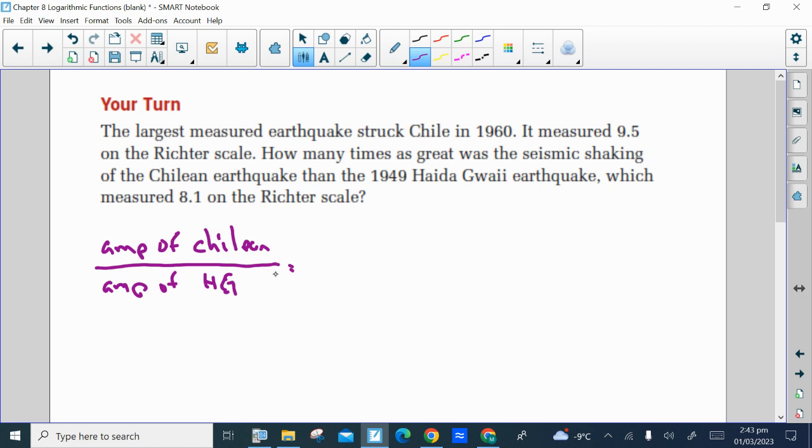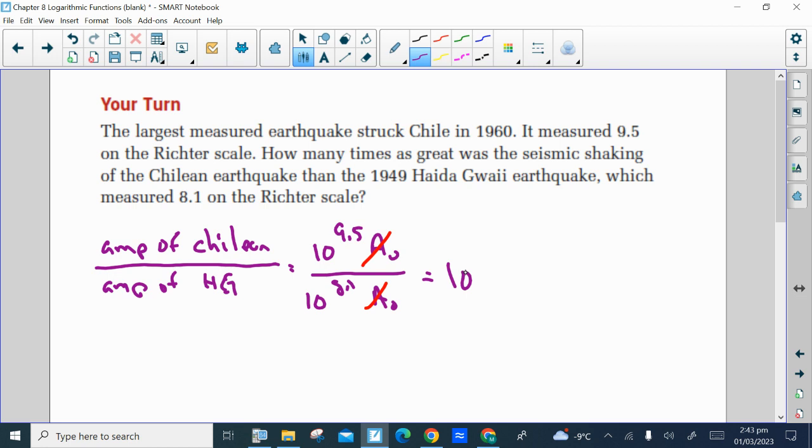Because the Chilean quake measured 9.5 on the Richter scale, its amplitude would be 10 to the power 9.5 times A sub 0. And that's divided by the Haida Gwaii quake, which is 10 to the power 8.1 times A sub 0. Again, the A sub 0's cancel.